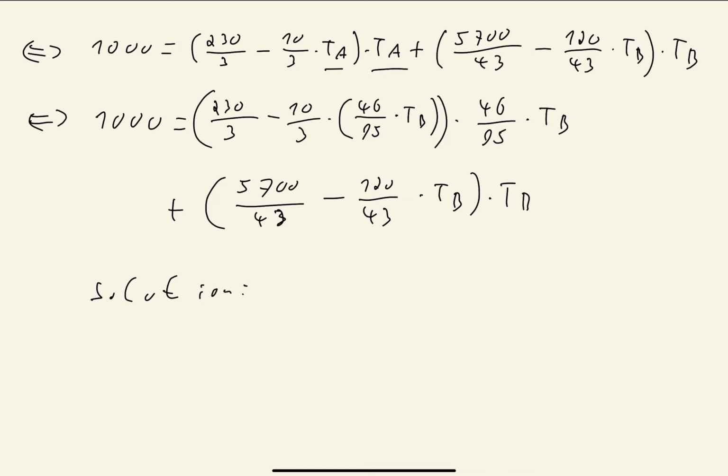So you get TB star is roughly equal to either, now comes the interesting point, which I omitted the last time, but I should have mentioned it actually. So it's either 6.9 or it's 40.6.